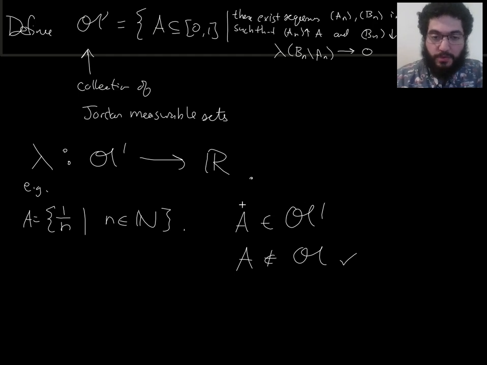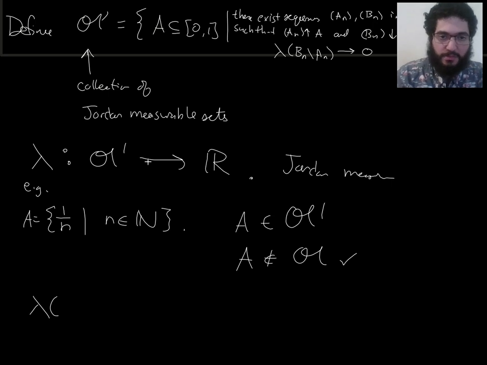Now, what do you think is the measure of A? What do you think is the Jordan measure? That's what this would be called, by the way. Jordan measure. So remember I told you there are two components of what we're studying. There's the thing here and the thing here. How to measure and what it is that can be measured.